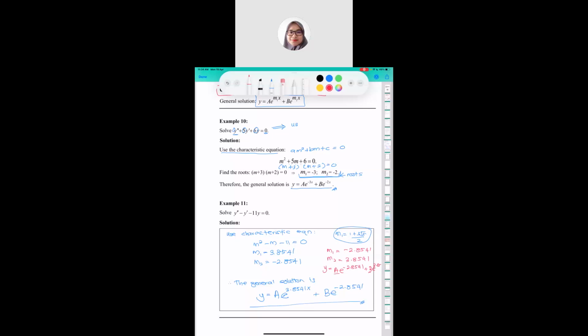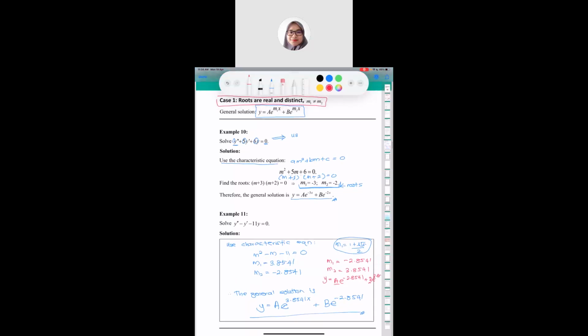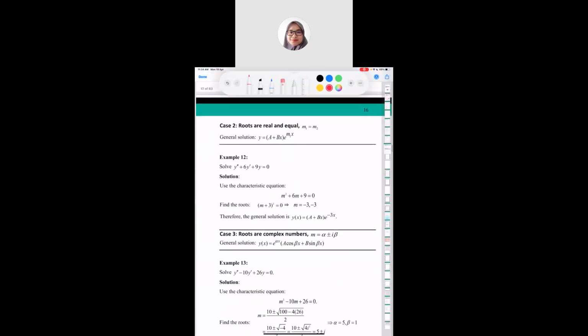Even though general solution you A, B tertukar, in particular solution you akan dapat jawapan yang sama. That's the first case when your roots are real and distinct. Homogeneous equation ni sangat mudah.